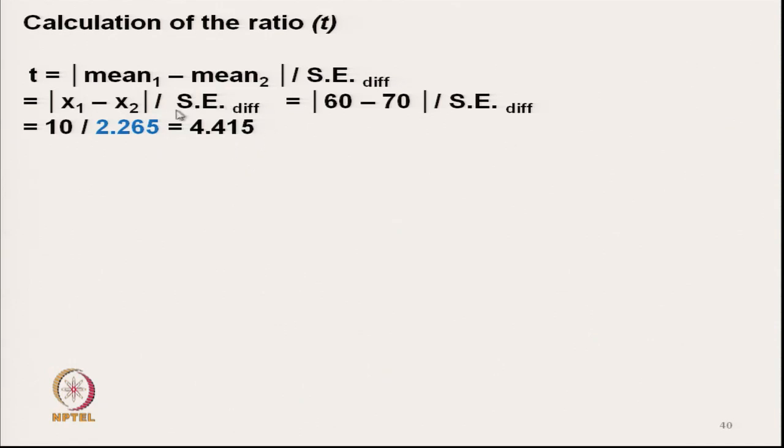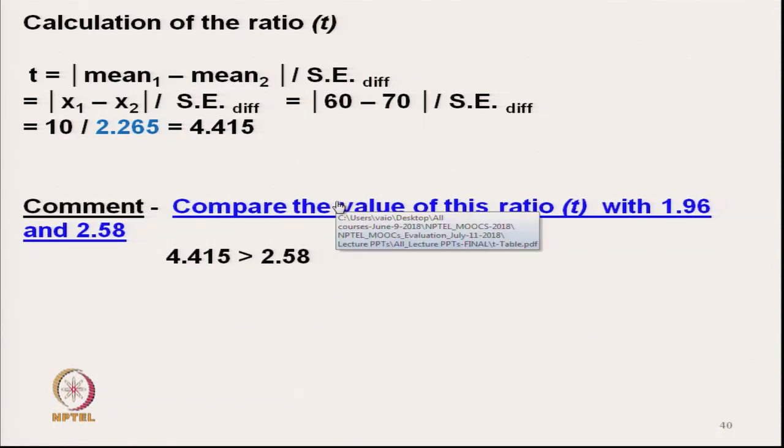So, this is the T value, and our degree of freedom was large, that is the large sample. So, for a large sample, for 95 and 99% it is 1.96 and 2.58, as we have seen earlier also.